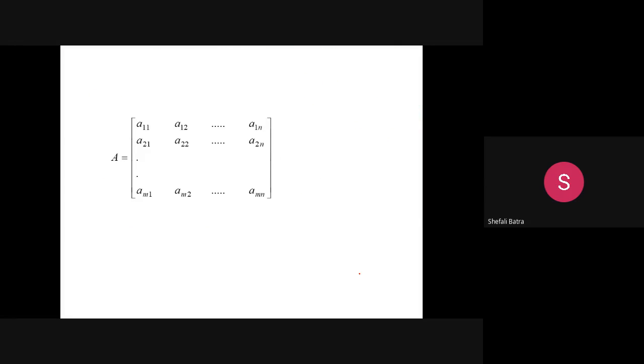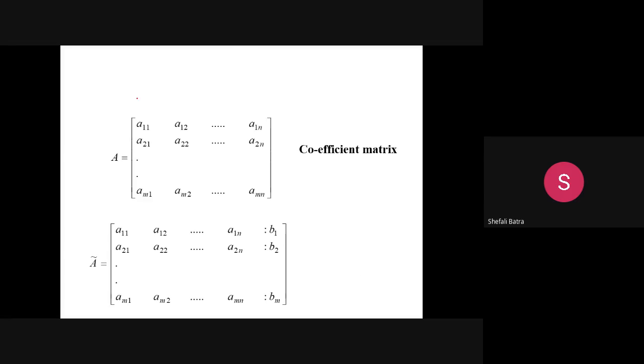Okay, beta. So now this A is what? That is your coefficient matrix in which you write coefficients of all variables. Now another matrix is the augmented matrix. In the augmented matrix, you write the coefficient matrix as it is, then a colon, then the entries of the right hand side of the equations, b1, b2, b3 up to bn.